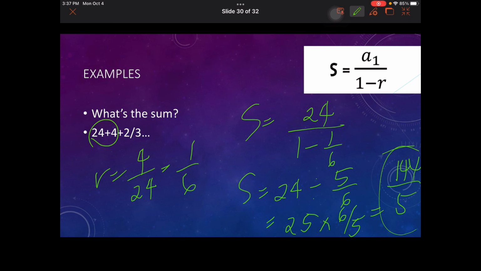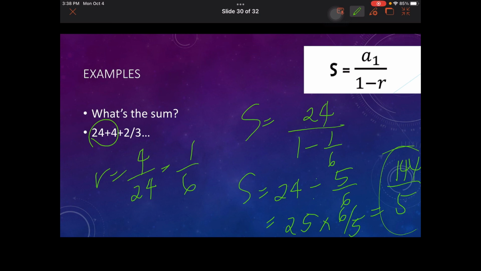Sana marami kayong natutunan sa akin. Isang milk lang yan, pero as I said kanina, siksik, liglig at umaapaw. 3 ang topics natin for today. Let's just do a very quick recap. Number 1, we learned how to find the nth term of a geometric sequence. Number 2, we also learned how to find or solve for the geometric mean. And then last but not the least, we learned that there were 3 formulas for us to solve for the geometric series because there are also 3 different cases.